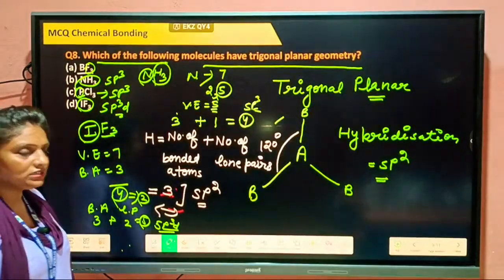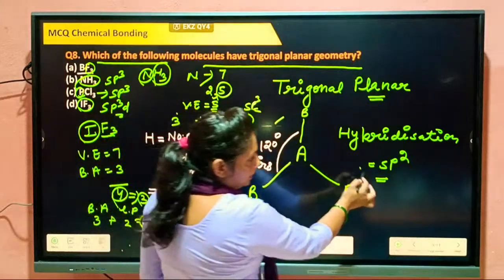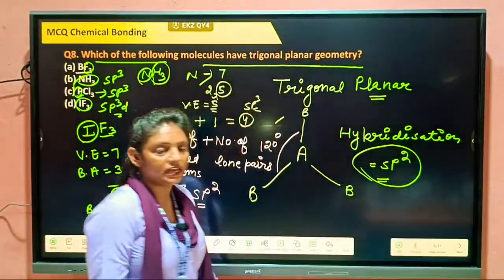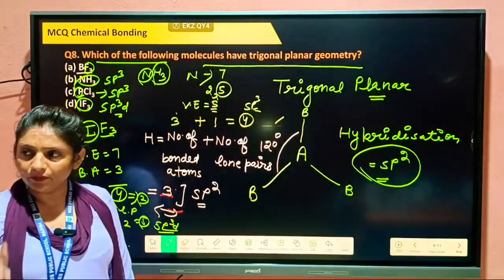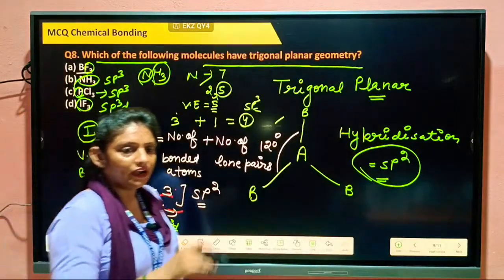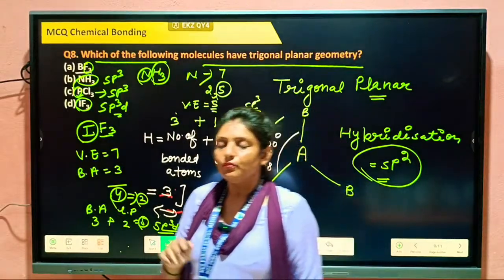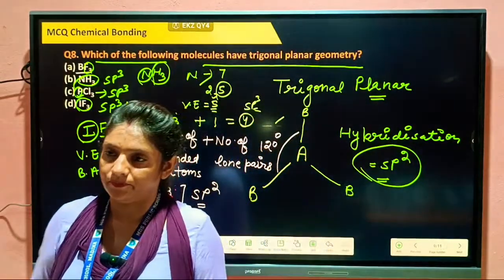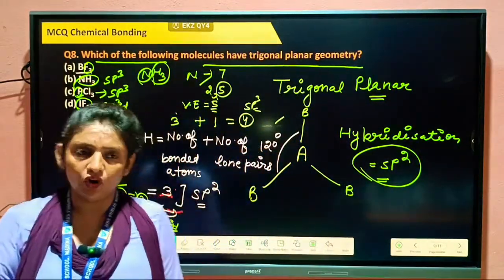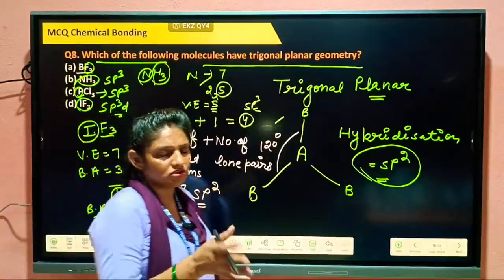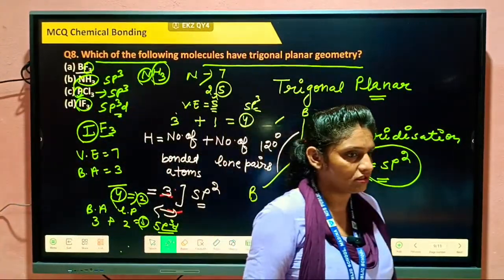And students, if hybridization is sp2 and no lone pair is there, keep in mind that this is a regular geometry. Clear or not? If a lone pair is there, then your geometry will be distorted.